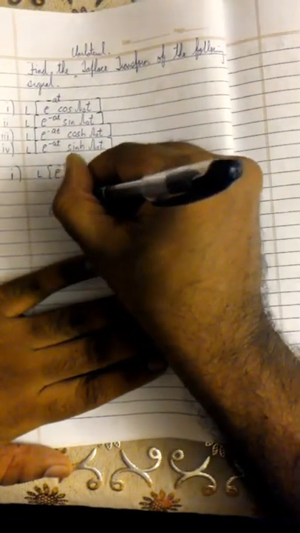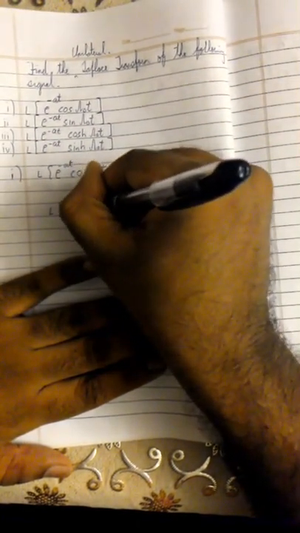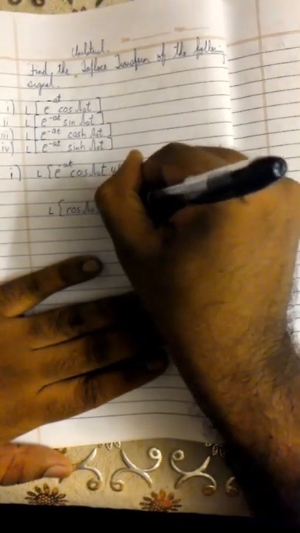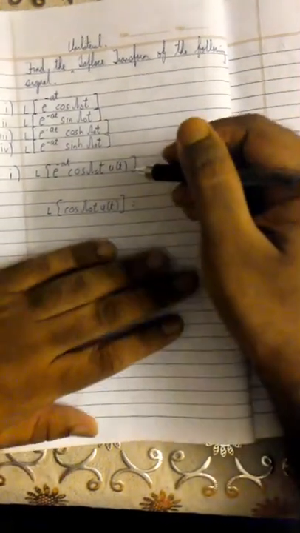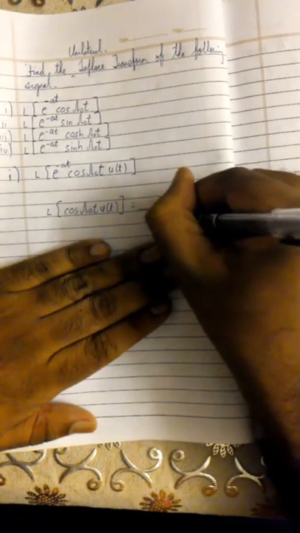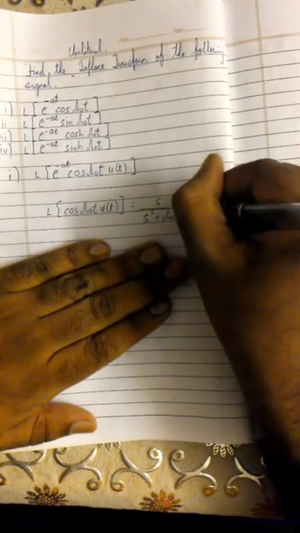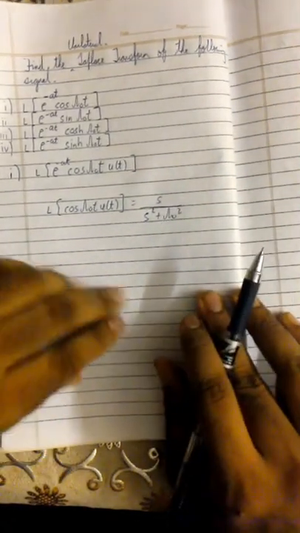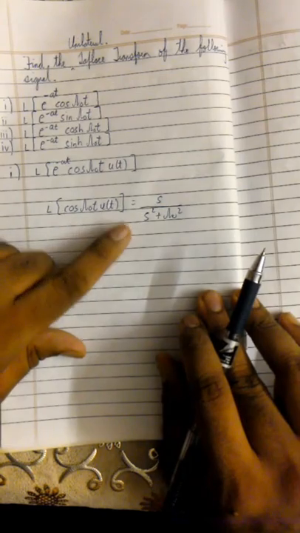We know that the Laplace transform of cos ohm 0 t u of t is equal to s by s square plus ohm 0 square. This is my Laplace transform of cos ohm 0 t into u of t.